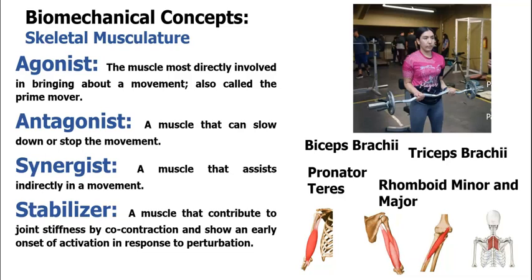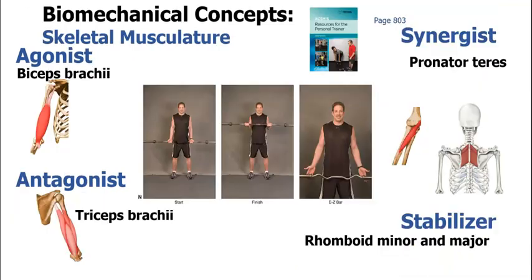You can find the definitions on the screen, and also in our book, in the previous chapters about muscles and kinesiology, you have more information about this concept. But we are going to put some examples with some videos of these biomechanical principles in a fitness facility. And here, basically, we can observe these classic examples of agonist, antagonist, synergist, and stabilizer.